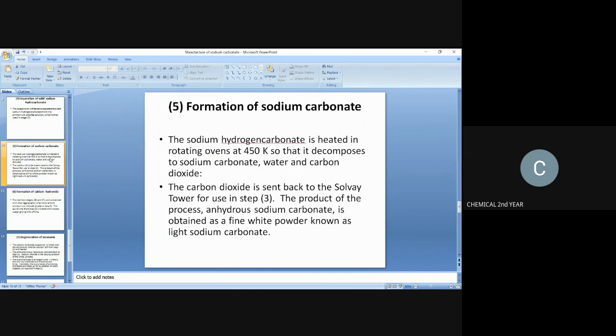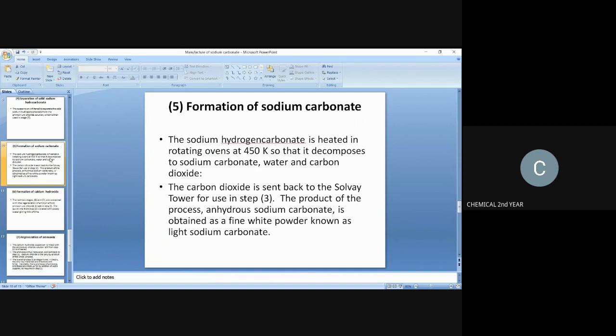Two sodium hydrogen carbonate reacts to give sodium carbonate plus water plus carbon dioxide. The carbon dioxide is sent back to the solvay tower for use in step 3. The product of the process, anhydrous sodium carbonate, is obtained as a fine powder known as light sodium carbonate.